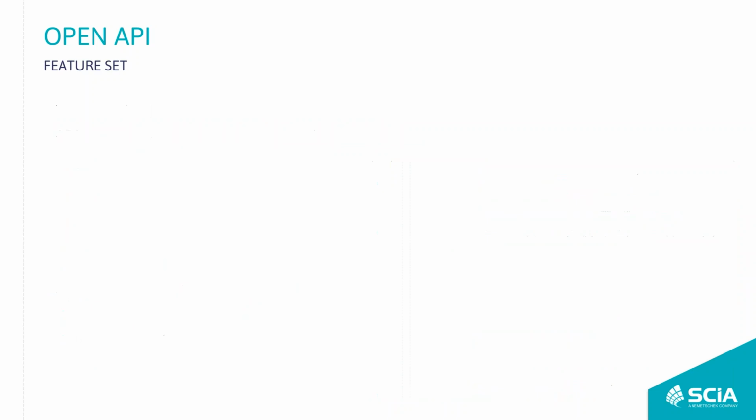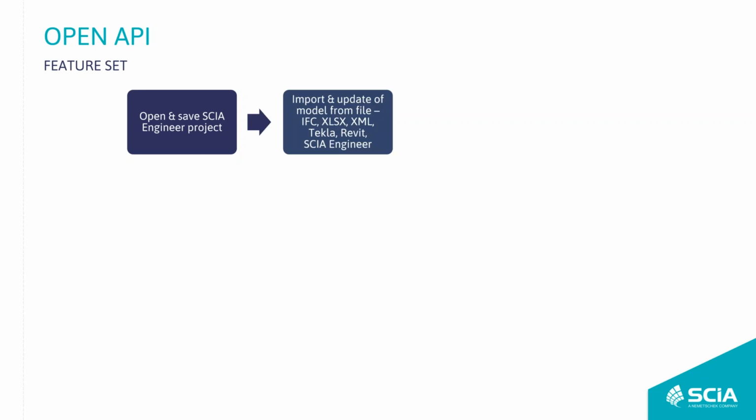Now that's the perfect time to briefly mention what's inside the OpenAPI. Let's say the feature set, what's possible. Currently, it's possible to run SCIA Engineer, open a project, and save a project.